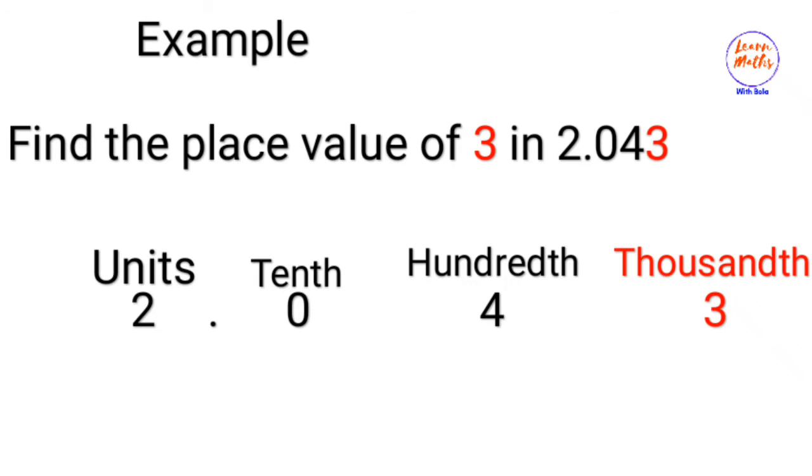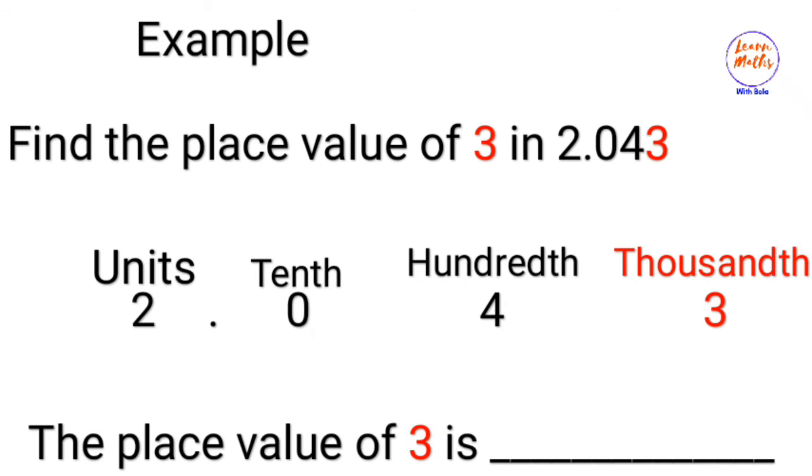It is as if you are moving right from the units to the tens to hundreds to thousands, but this time, to show that the number is after the decimal, they carry th. So the place value of 3 will be what? Thousandths. So the place value of 3 is thousandths. As simple as that.